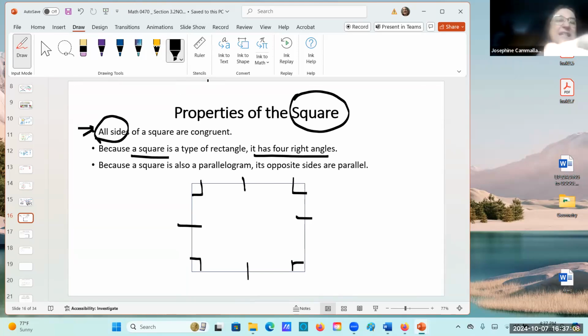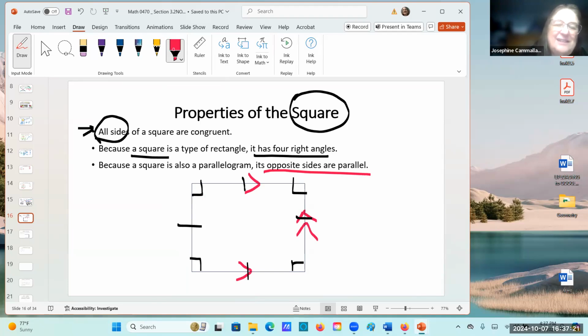And don't forget, opposite sides are still parallel. Okay. Some of what we do with a parallelogram apply to other 4-sided figures. We just have to make sure what makes the square unique.